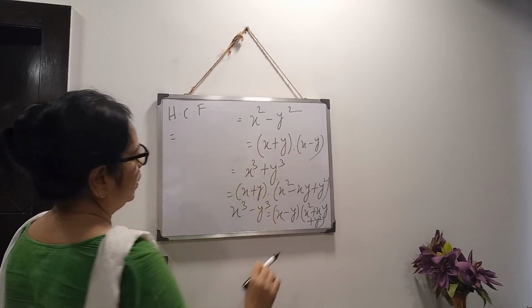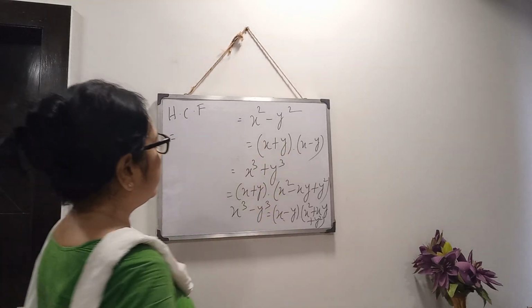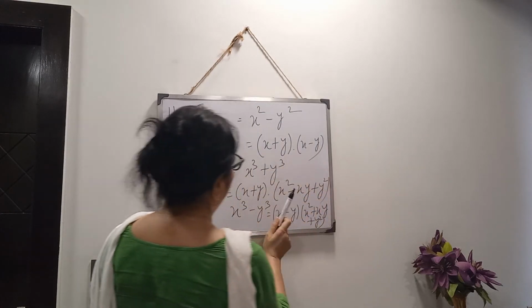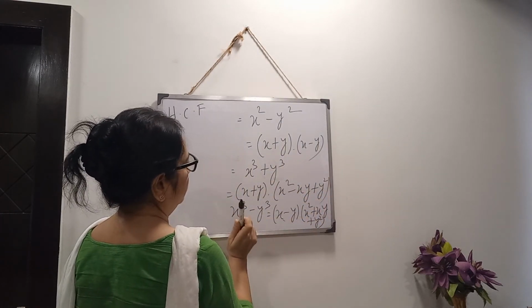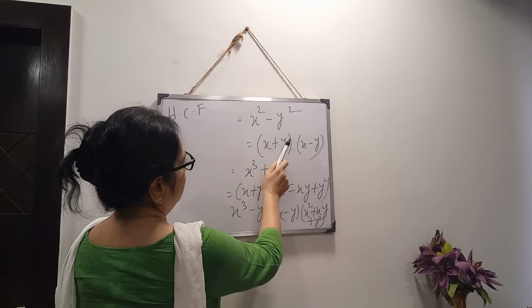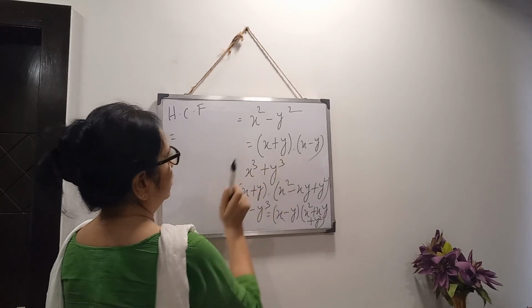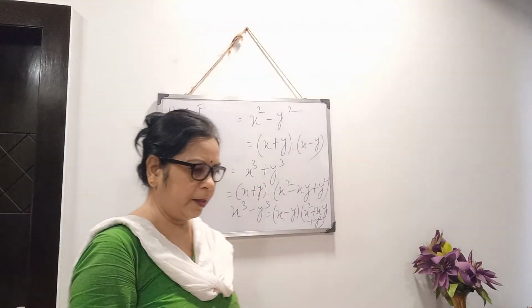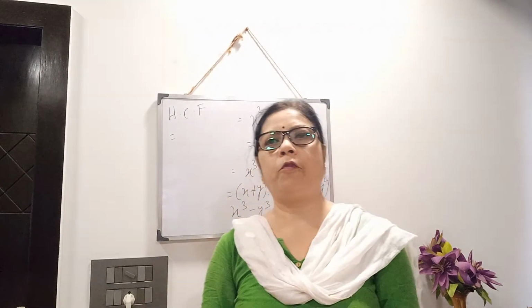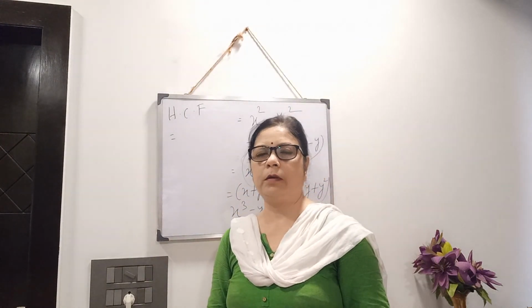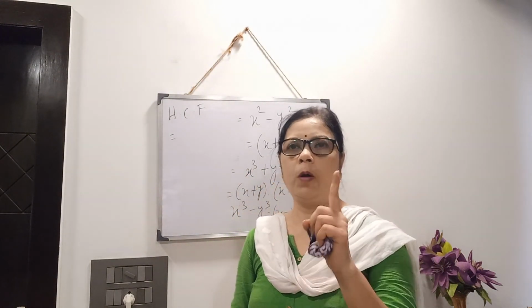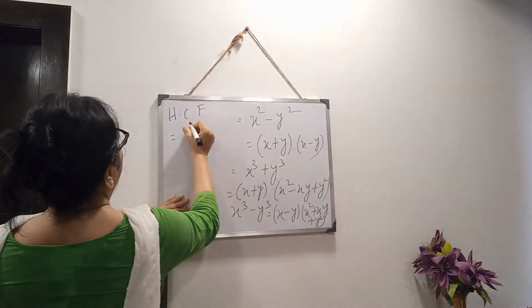So we will not get x plus y. X minus y is there, not there, but it is here. This term is not here, this is also not there. So the interesting thing is that nothing is common, so your HCF will be 1. Clear? It is an important thing.